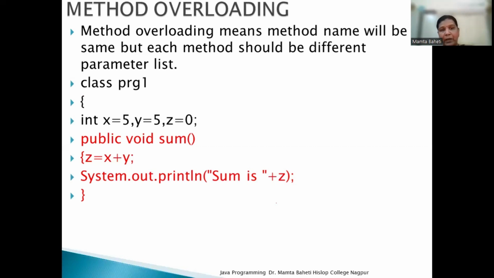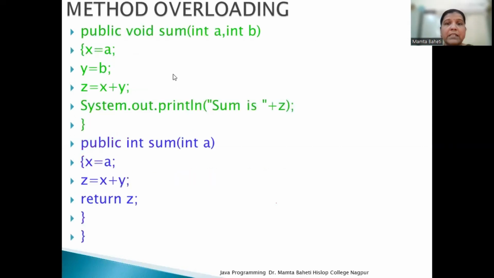So method overloading means it is having the same method name but maybe a variation in return type as well as the count of parameters. For example, I have created a class PRG1 with method sum written like that: public void sum, and it is having a certain body. Then second is sum with two parameters passing. I'm passing two values to those parameters and assigning, and after that printing the sum.